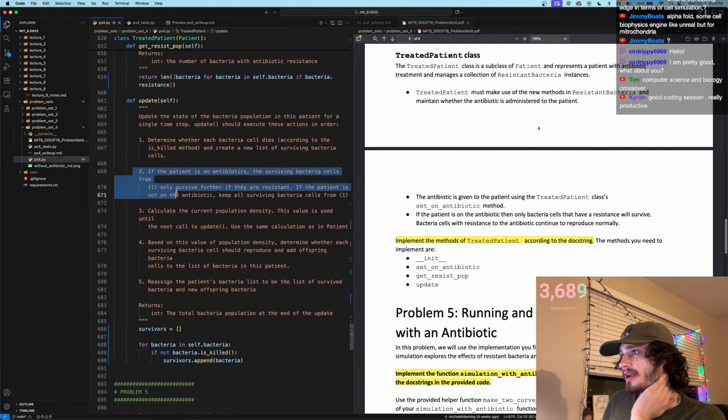If the patient is on antibiotics, the surviving bacteria cells from one only survive if they are resistant.